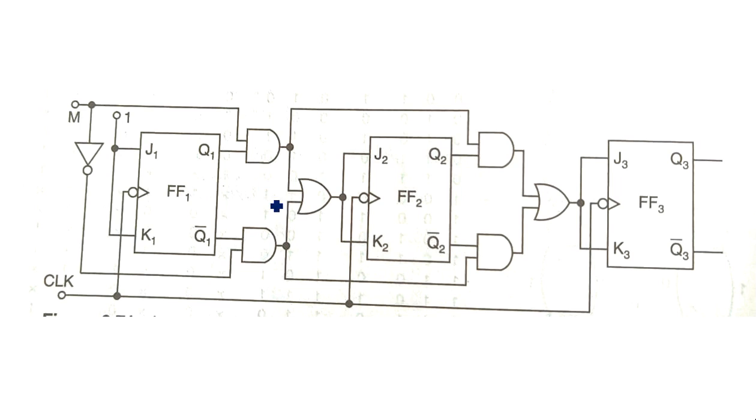So the logic circuit for this one is the logic diagram for this 3-bit up down counter. See here, J1 K1 are given with logic 1, and this is the logic circuit for the expressions of J2 and K2.